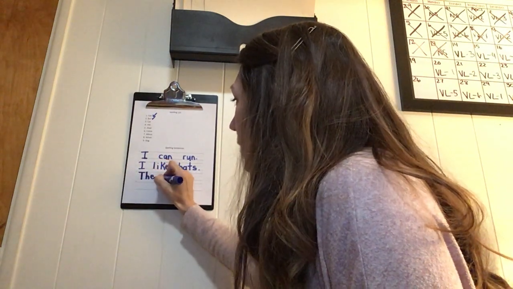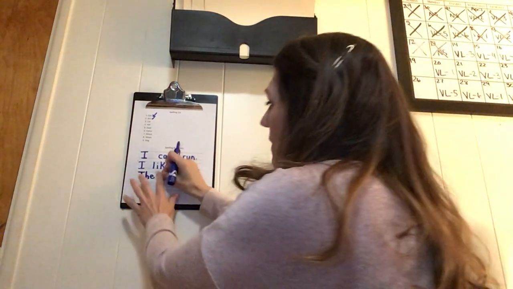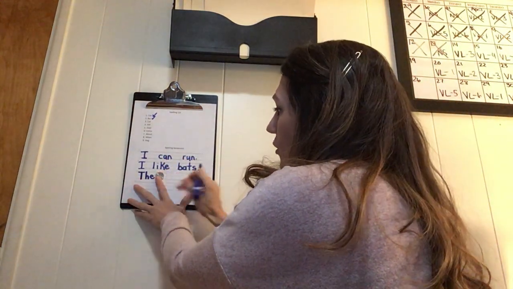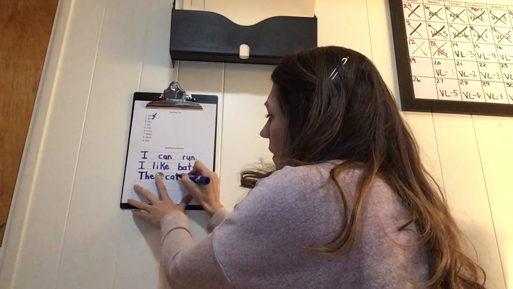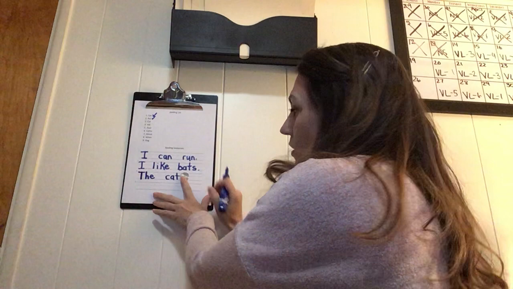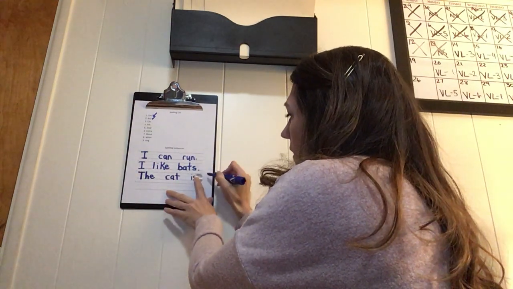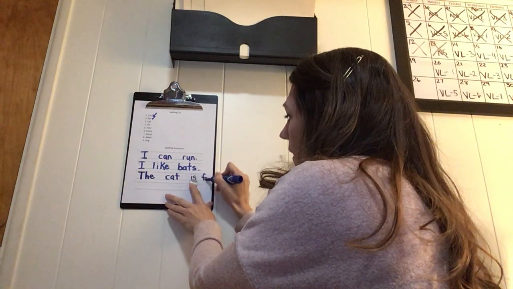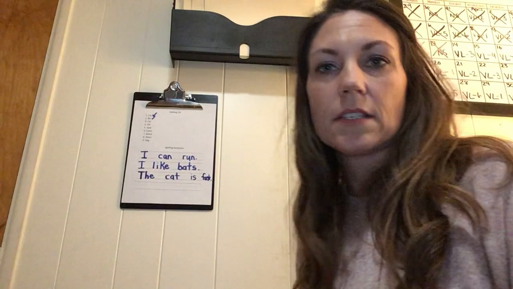I asked them to write the first word and then use a coin to measure their spaces between the first and second word. And to move that coin. I also give them options.